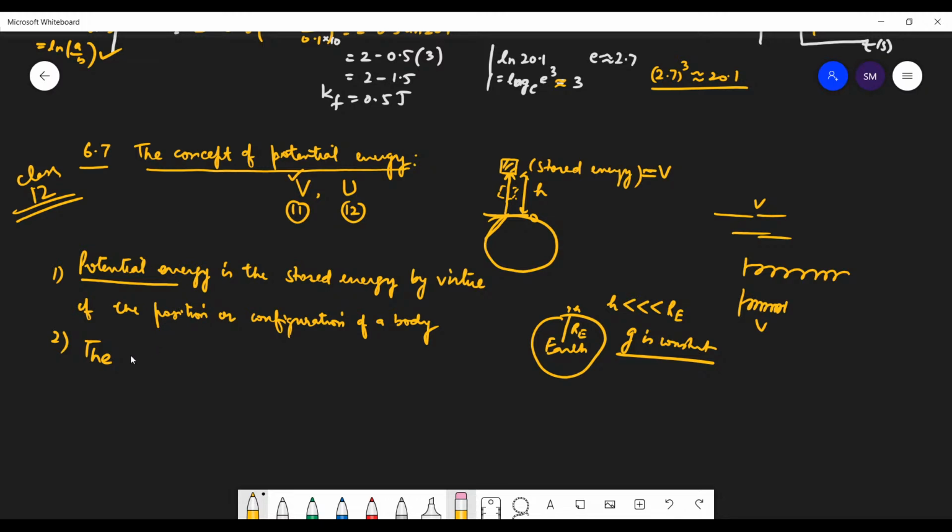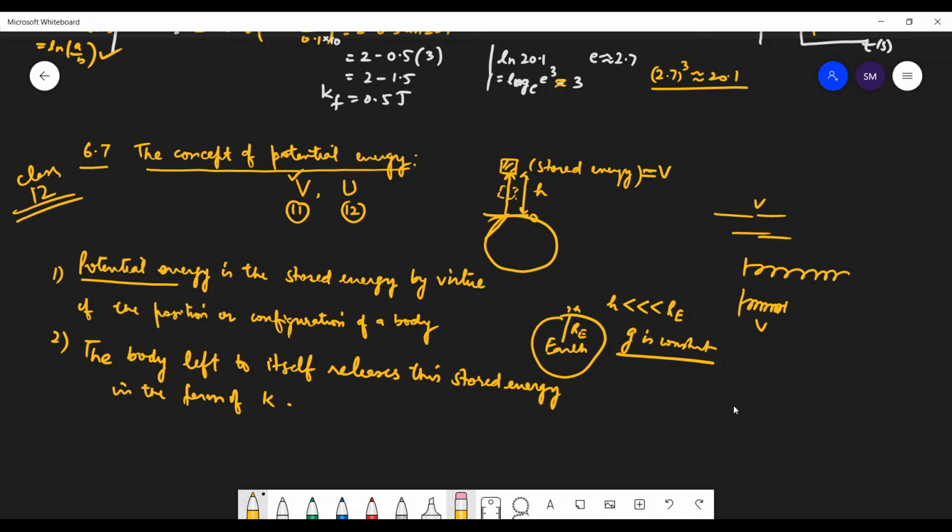And when the body is left to itself, if you leave this body over there, what will happen? The body left to itself releases this stored energy in the form of kinetic energy.